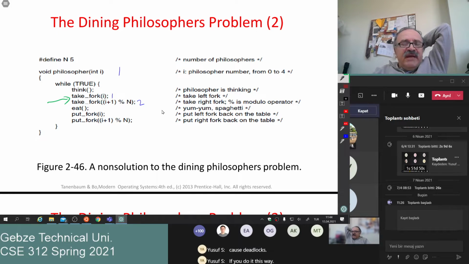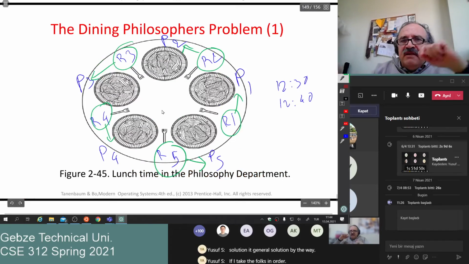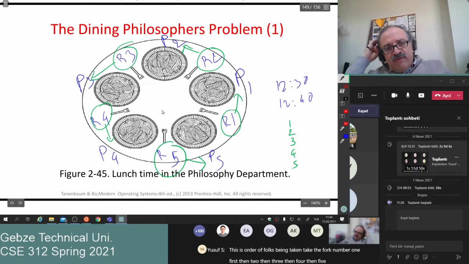Okay, so somebody had offered a general solution. If I take the forks in order, for example, take fork number 1 first, then 2, then 3, then 4, then 5, this is the order always.